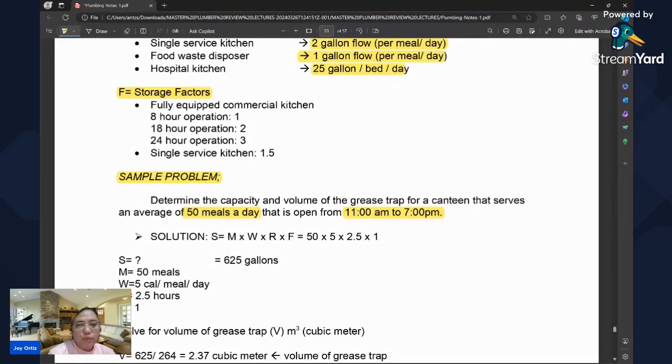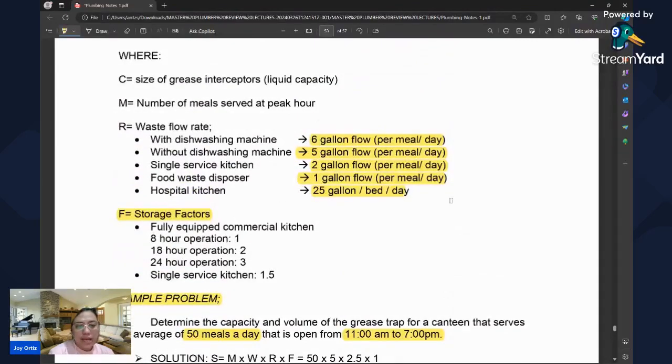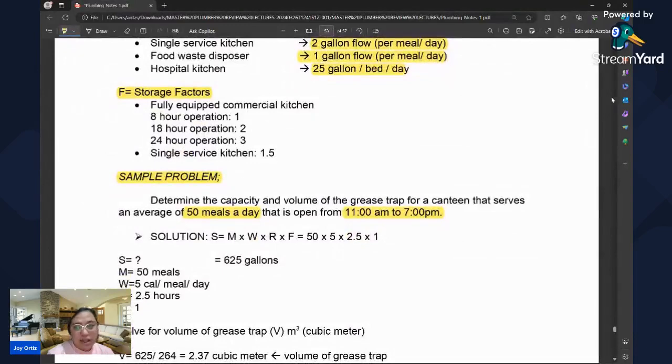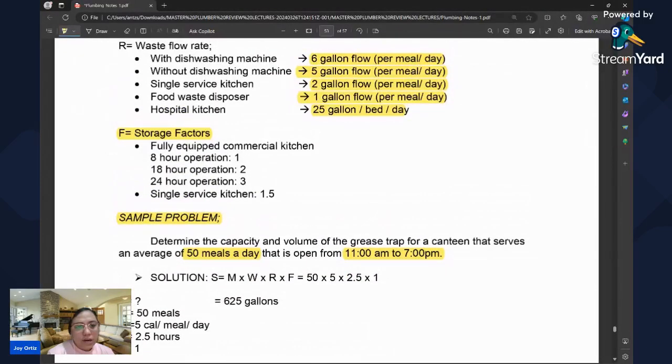W, what is W? That is the waste flow rate. This is a sample of a canteen. Pag canteen, it's 5 gallon per flow kasi without dishwashing machine. 5 gallon per meal per day.